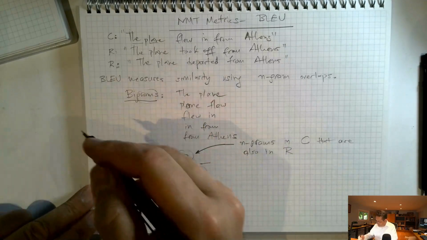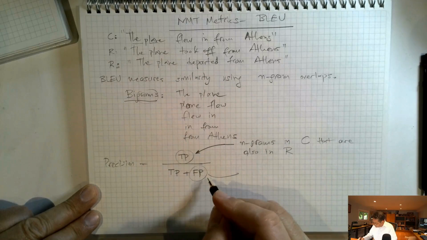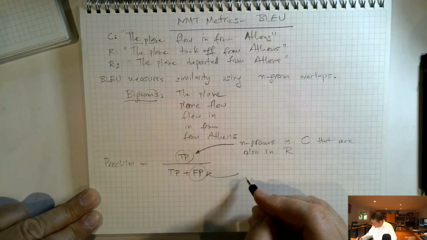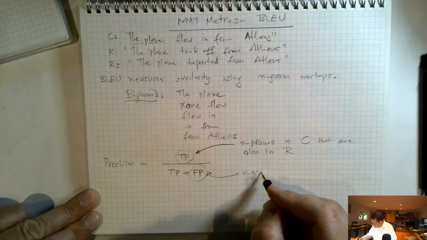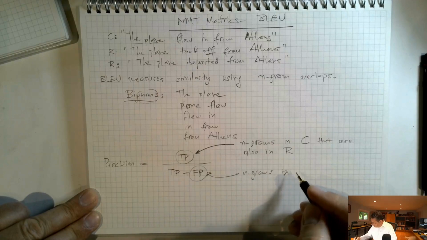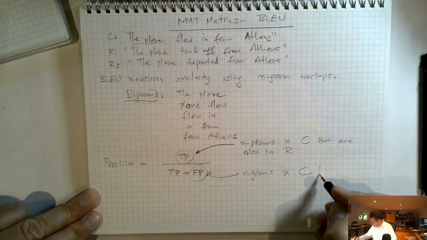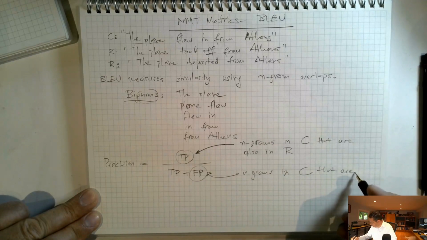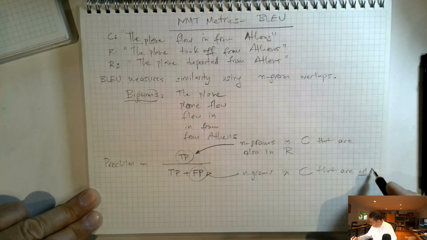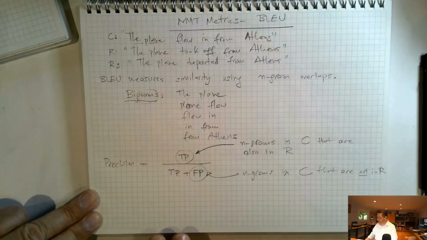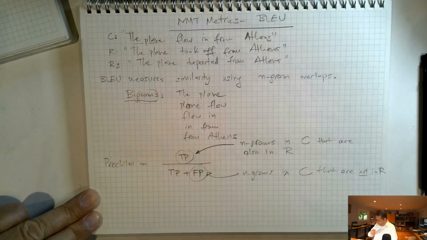How many references we have. And the false positives over here are going to be n-grams, probably you have guessed it, in candidate that are not in reference. Okay, so that is the false positive.